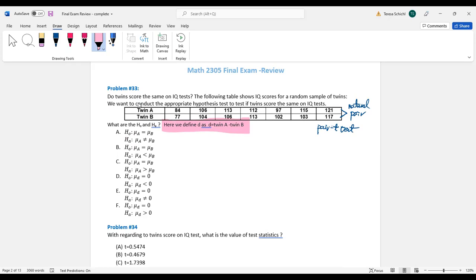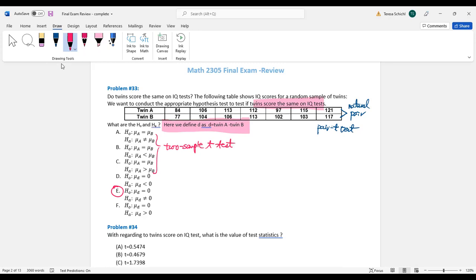So we want to see if the twins' scores are the same. So what do we want to test here? First is the difference equal to 0, and this is difference not equal to 0. If I say mu A equal to mu B, mu A not equal to mu B, those are the hypotheses for the two sample t-test, because you are comparing populations.